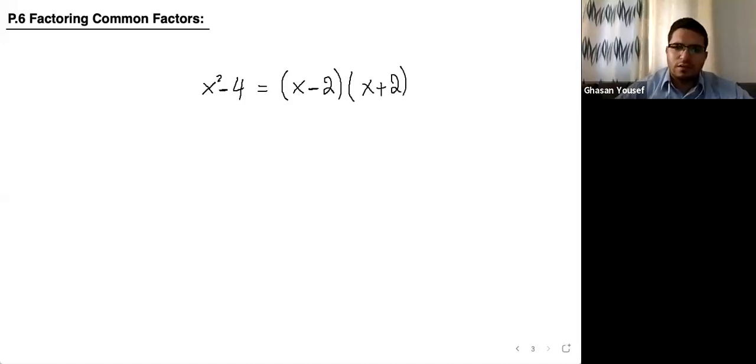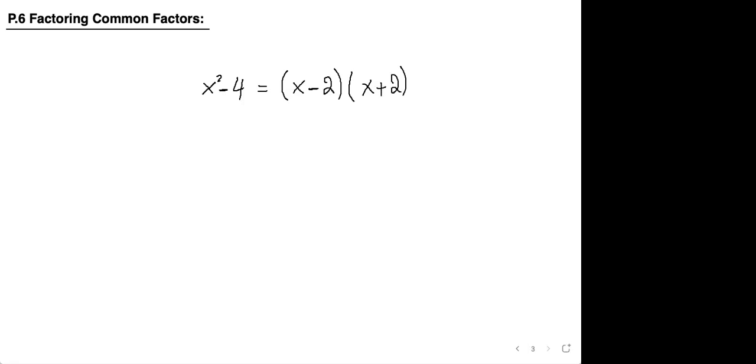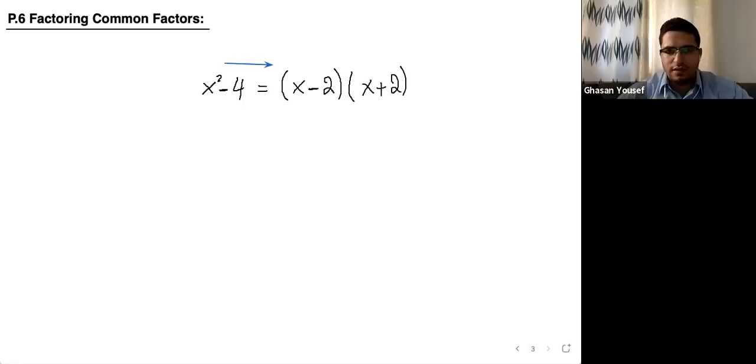So we should know, if we go from this side to this side, this is called factoring.